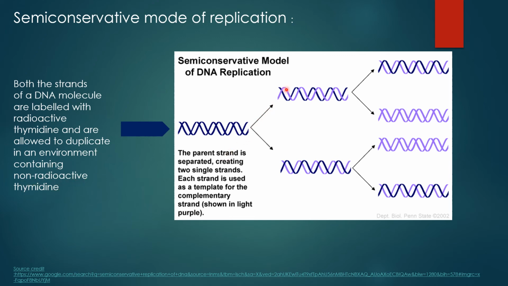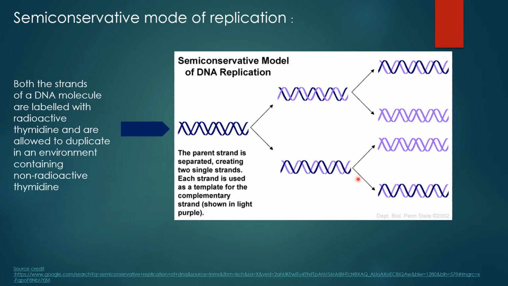Now the normal bases are added for the replication of this radio-labeled DNA strand. So one strand would be labeled and the other newly formed strand would be unlabeled. So this light purple strand in this duplex would be unlabeled and the same case would be here also.